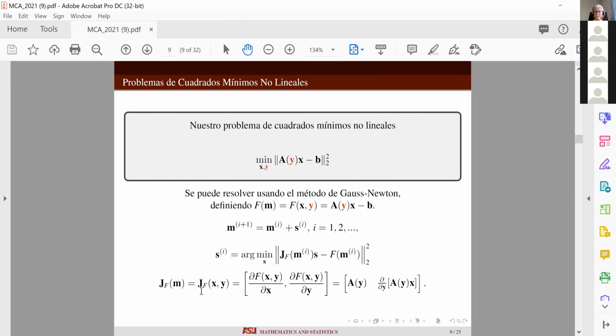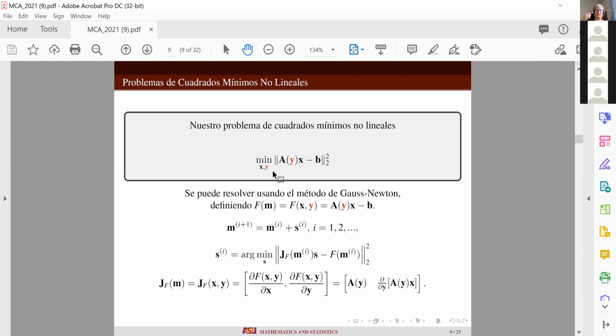And I put it here because I want to emphasize something that we need to know for later. And that is that here in the Jacobian, somehow we need the vector x. Notice that when we iterate, this m contains x and y.